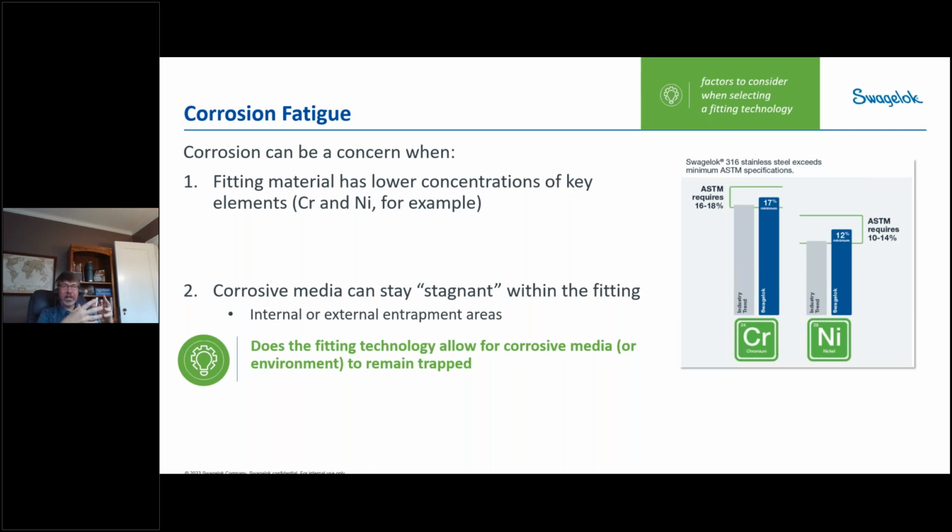The more stagnant that corrosive media can stay, the quicker it will corrode the fitting. So we want to look at entrapment areas, outside or inside. Can salt spray sit on the outside of the fitting very easily, or are there entrapment areas on the inside of the fitting where corrosive media can create fatigue?